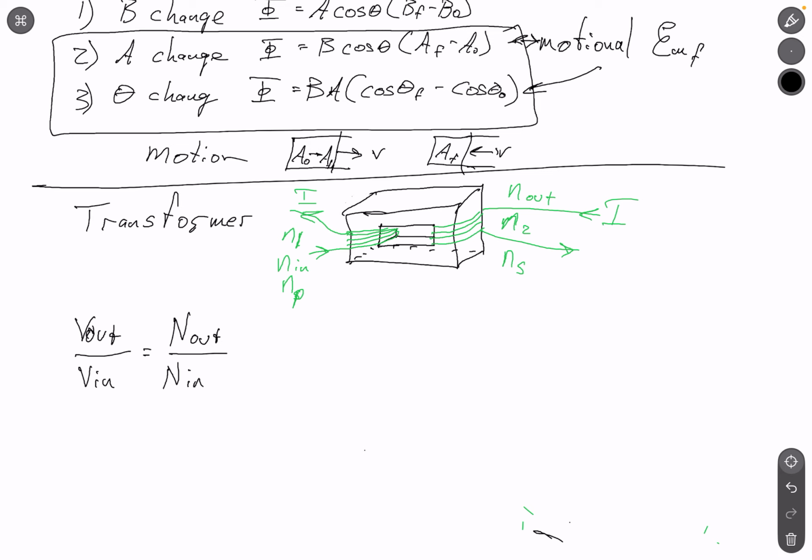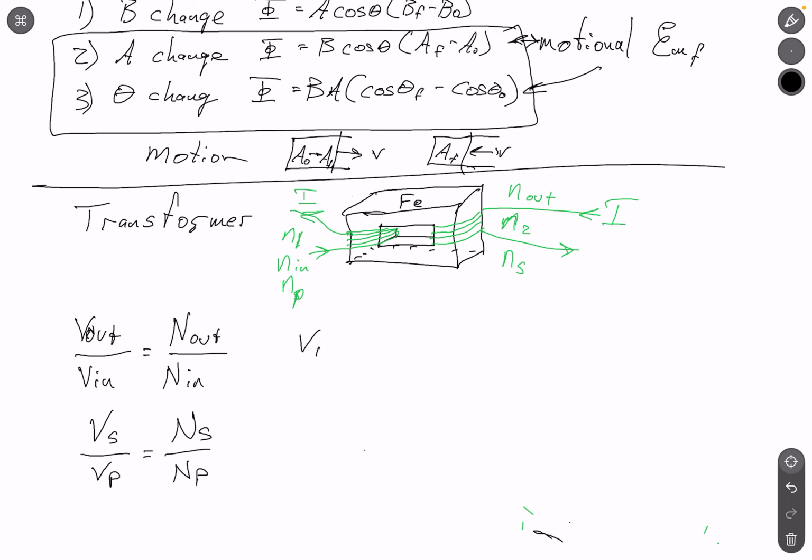Okay, so loops, right? Around this iron stuff. So Vs over Vp equals Ns over Np. That's how the book does it. It doesn't matter however you want to do it.